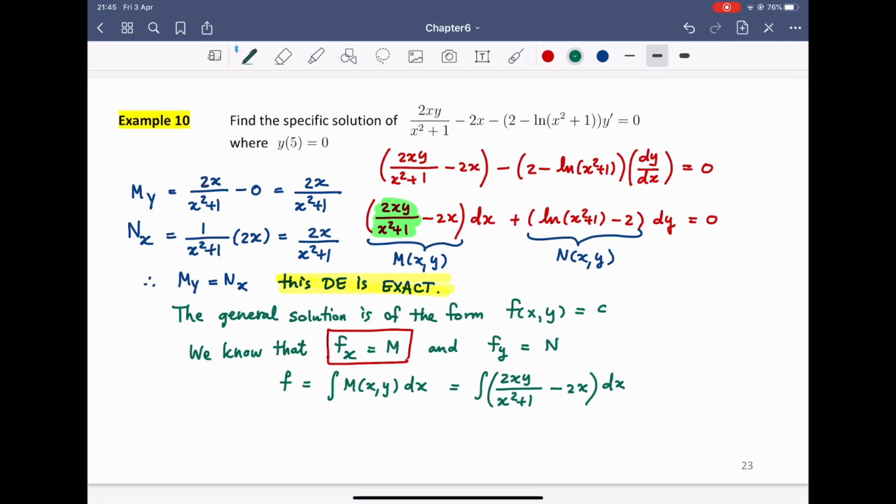I have x squared plus 1 in the denominator. So I pull out y first, and then I can integrate 2x over x squared plus 1, and then I change my dx to d(x squared plus 1), and that will leave me 2x and in the bottom 2, and then minus the integral of 2x dx, right?